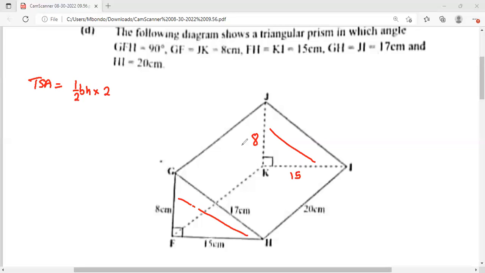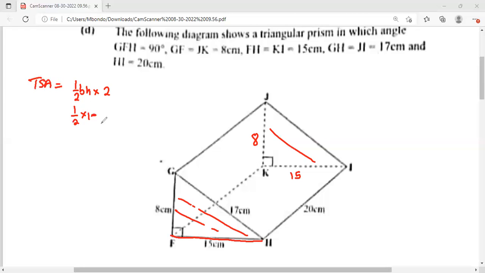This is also 8. Okay. Then what are we going to do? Now we have to say 1/2 multiplied by the base. What is the base here? Our base is 15. From this point up to this one, that is the base.